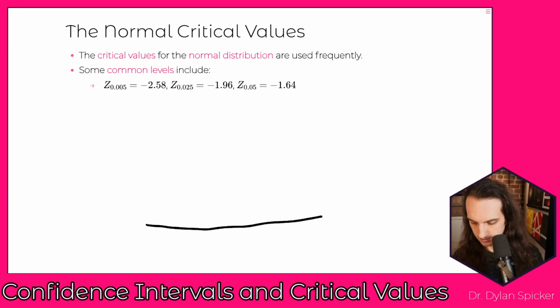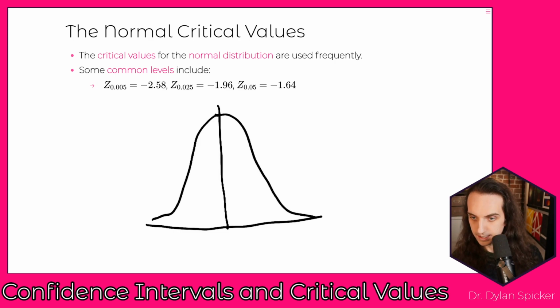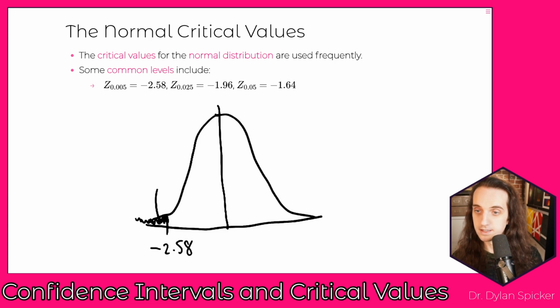If we draw out our rough distribution here, sketch it in very roughly, and take a value down here at negative 2.58, then everything below in the tail here is going to give us 0.005 probability. So the probability that we're in that shaded area is 0.005.